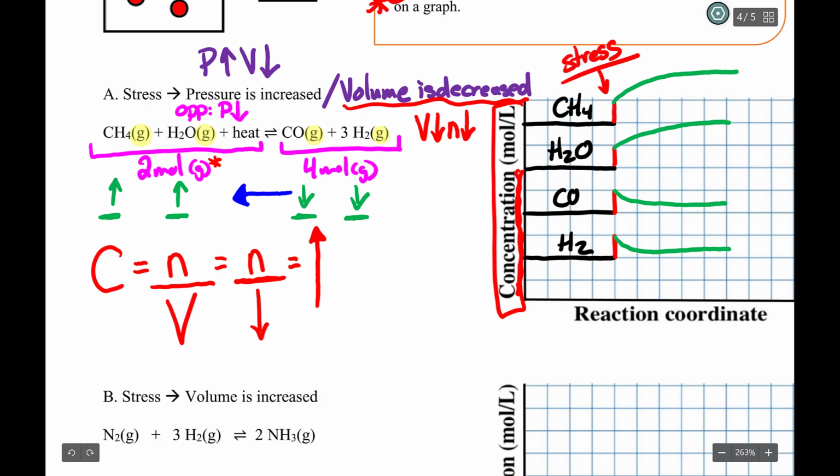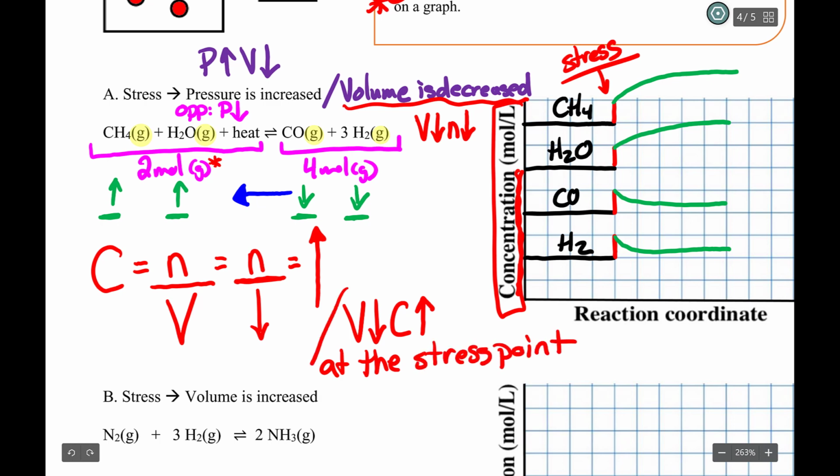When the volume is decreased, all the lines go up. So if the volume goes down, the concentrations go up at the stress point if we're trying to interpret a graph, which is something that you will have to be able to do.